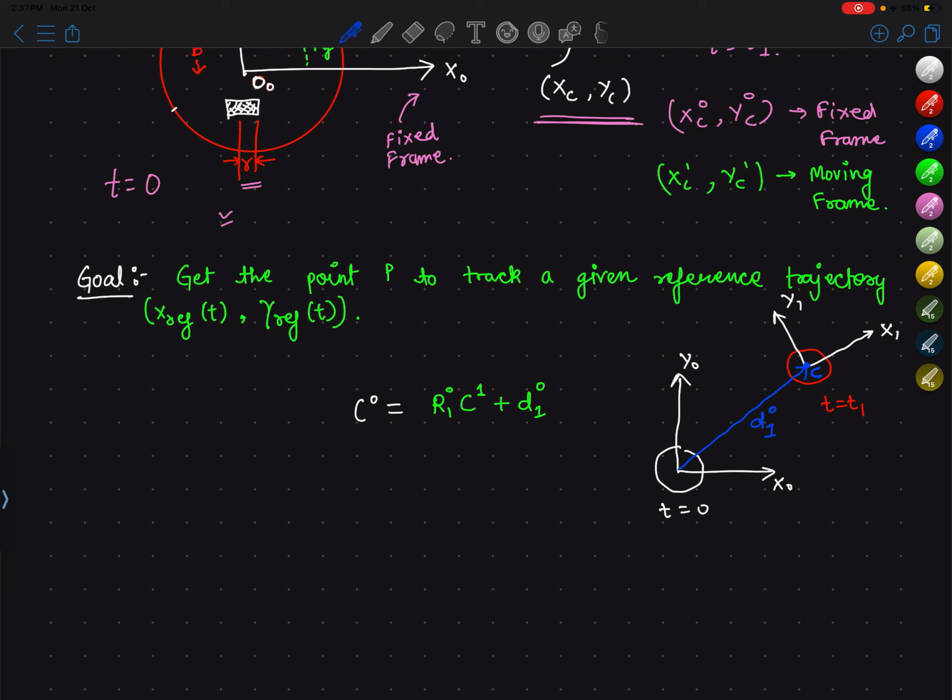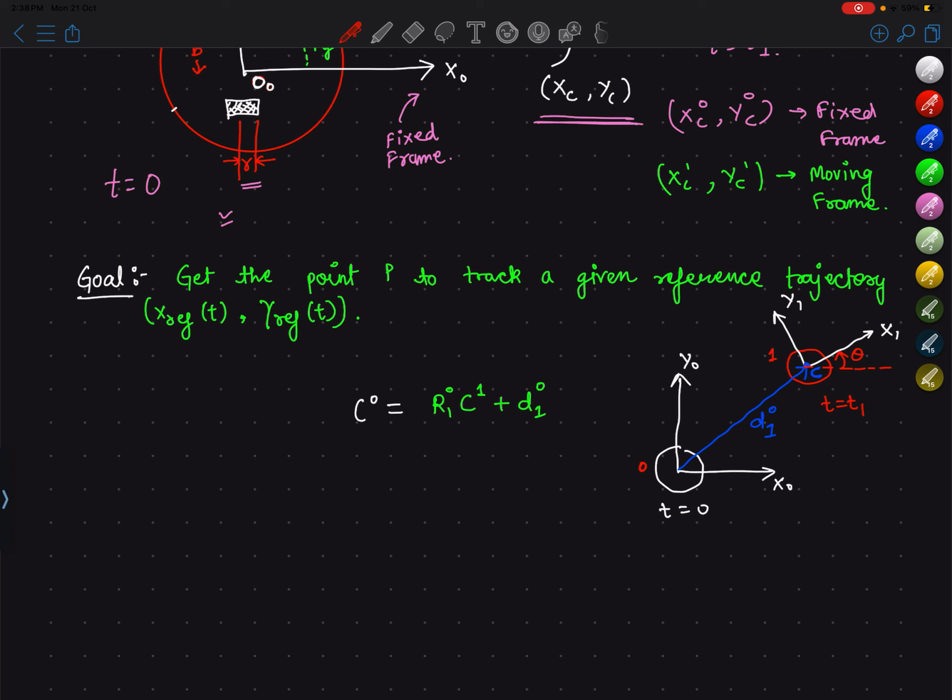This point represented in frame 1 is C1, and represented in frame 0 is C0. R1 naught is the rotation matrix that represents the rotation of frame 1 with respect to frame 0.